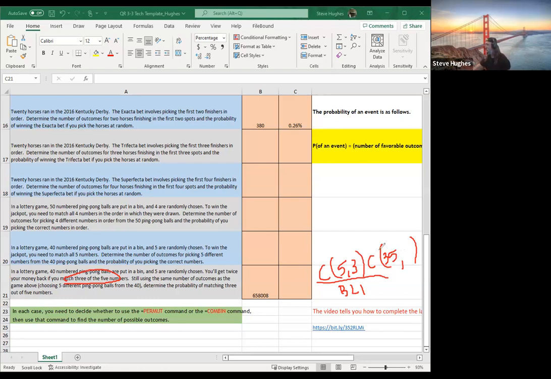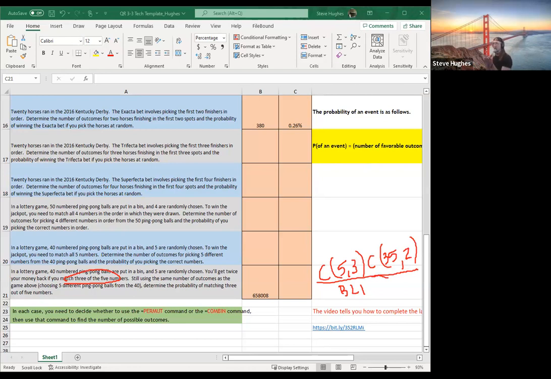If I have chosen 3 that are correct, that means I could also choose 2 that are not correct. It doesn't matter which ones they are, right? So that's why I have to use the 5 combination 3.